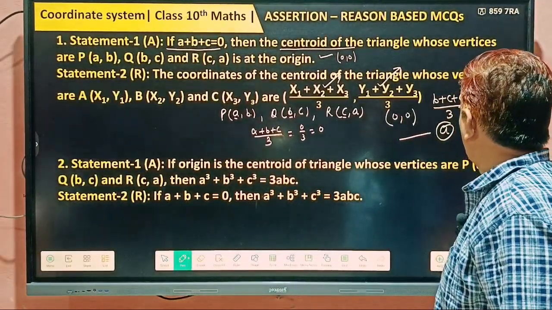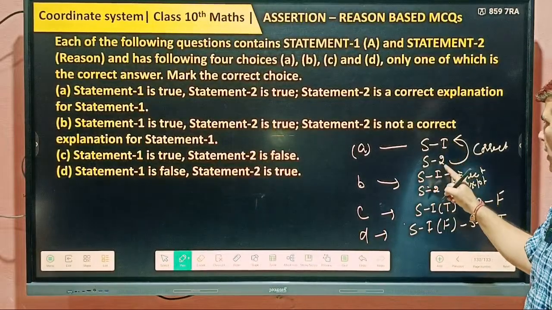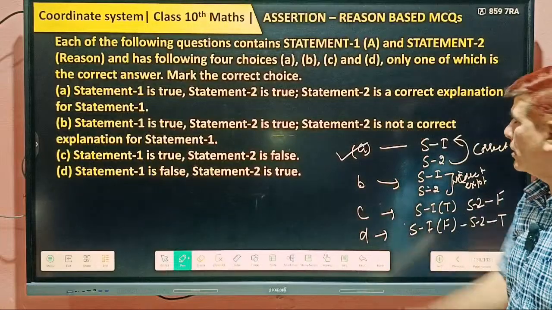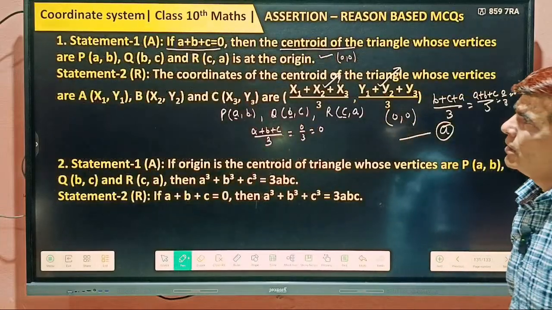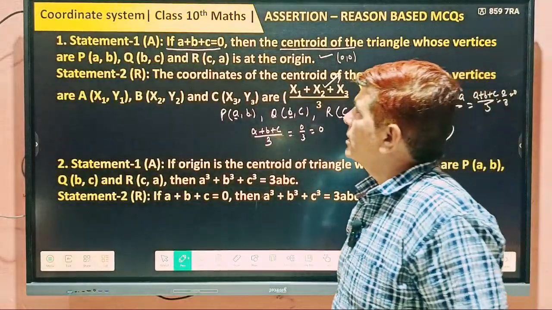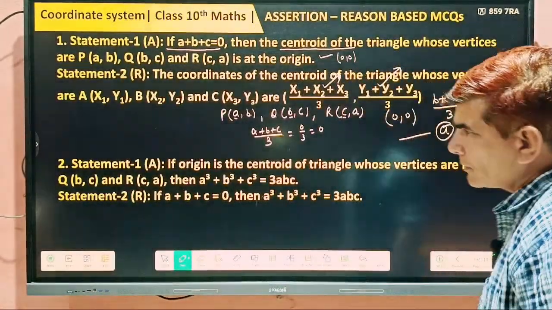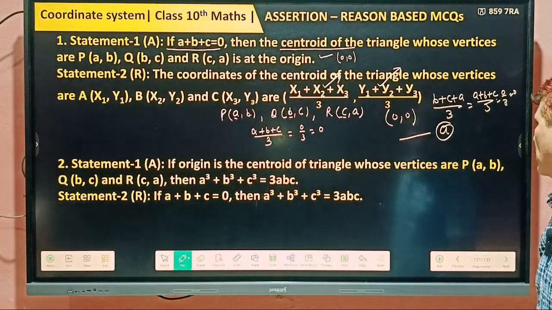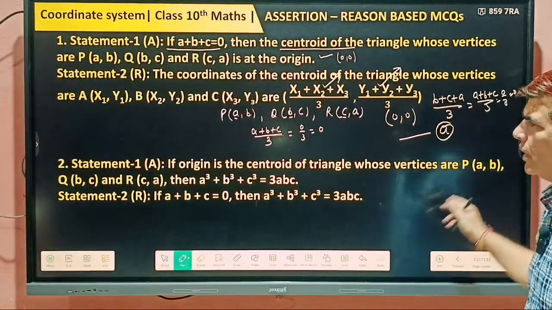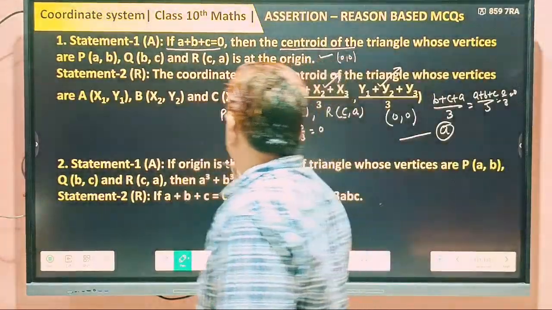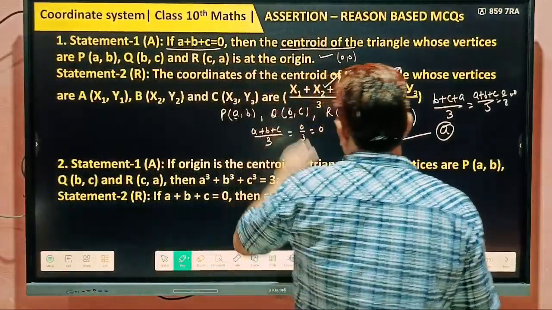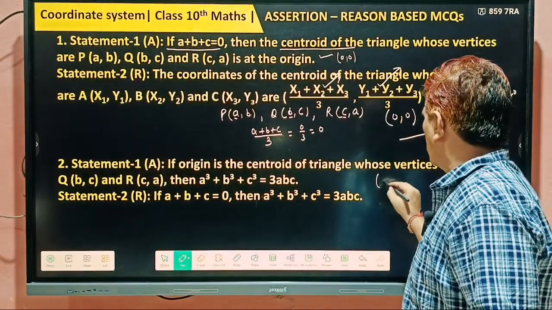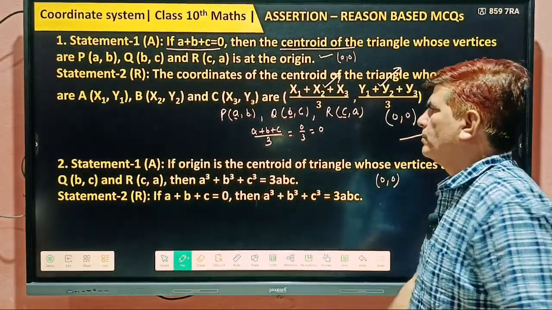What I told you, S1 is right, S2 is right, S2 is the correct explanation of it. So A is your answer. The answer of the first question is A. Second, if origin is the centroid of the triangle whose vertices are these, A, B, B, C, C, A. So already in the first question, if these are the coordinates, the centroid is where? 0, 0.